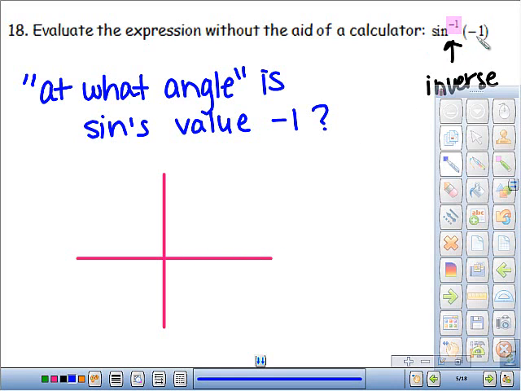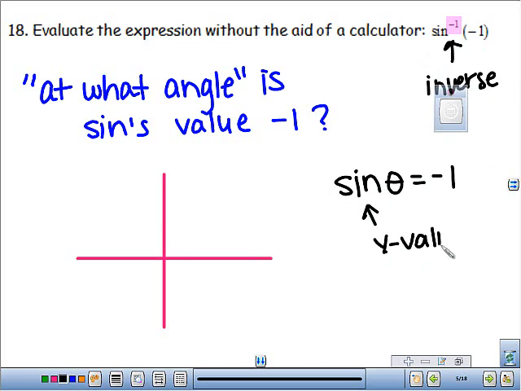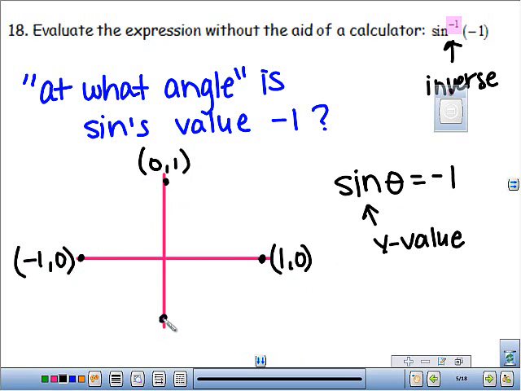Hopefully you remember, sine is your y value of your x and y coordinate. So the points are 1, 0, 0, 1, -1, 0, or 0, -1.